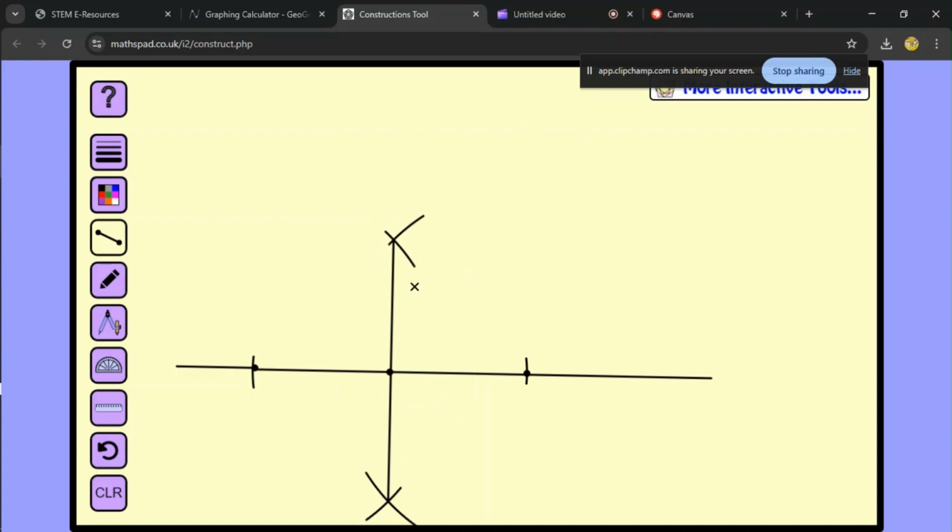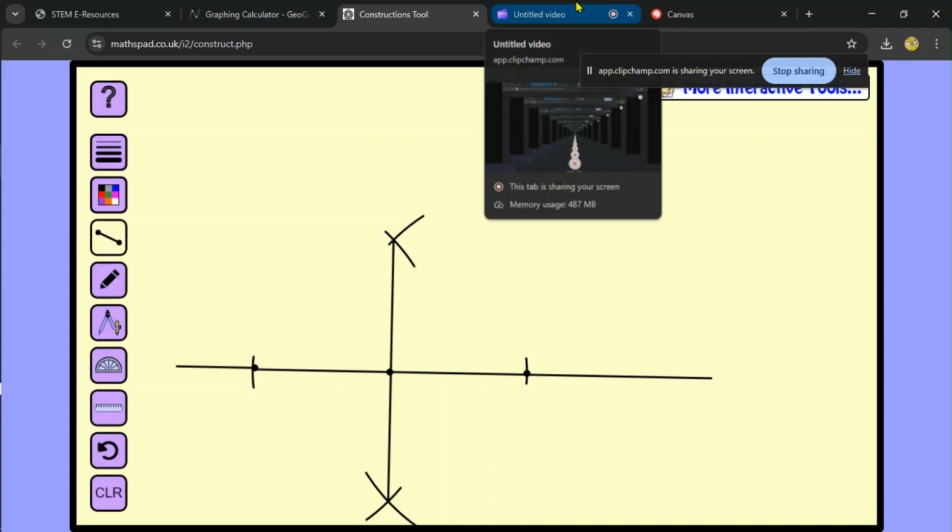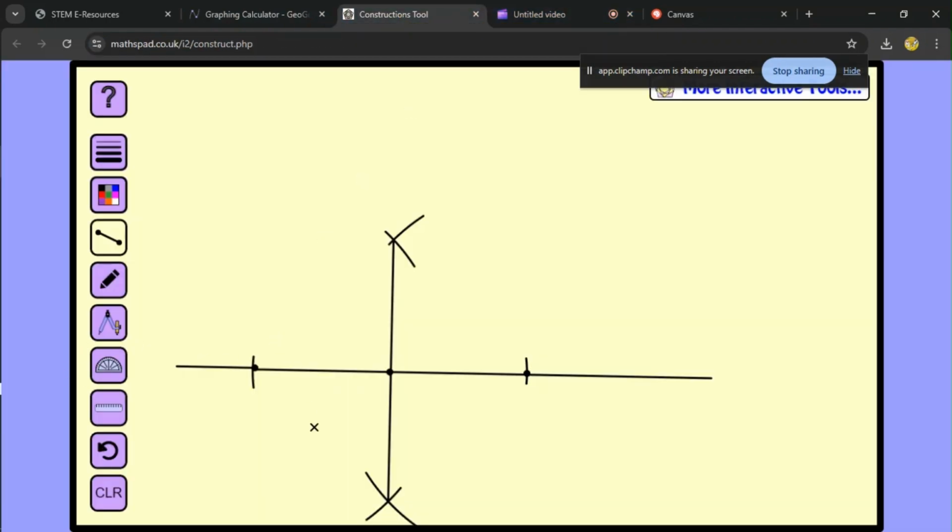I hope you've used a ruler to draw a straight line. That is perfect, more than mine. Okay, so this is now where you'll have A. So A is somewhere here.